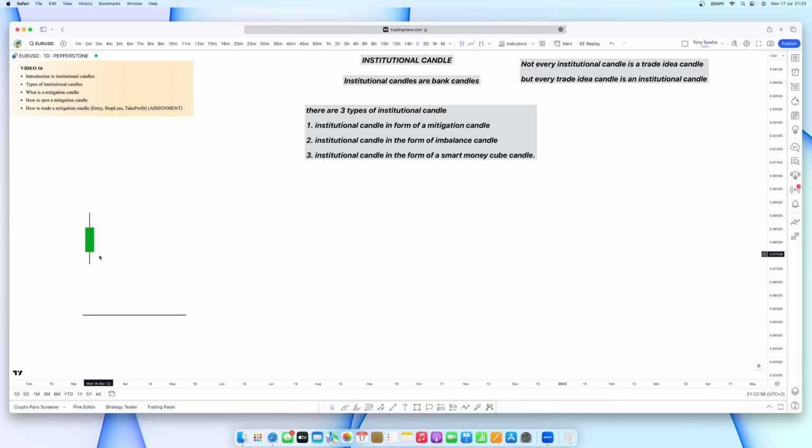Okay, so we have this candle, a bullish candle, right? And then we have another candle. This also is a bullish candle. No, let's say this is a bearish candle. So down here, let's make this longer. I just want to give you a hypothetical example of what I'm talking about.